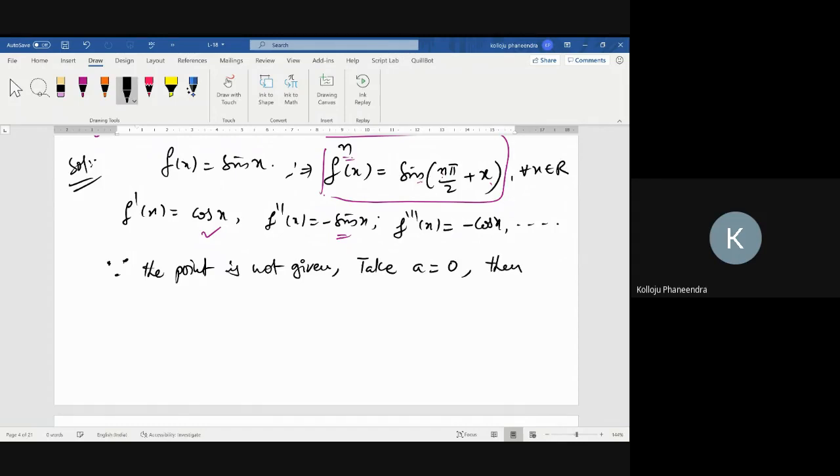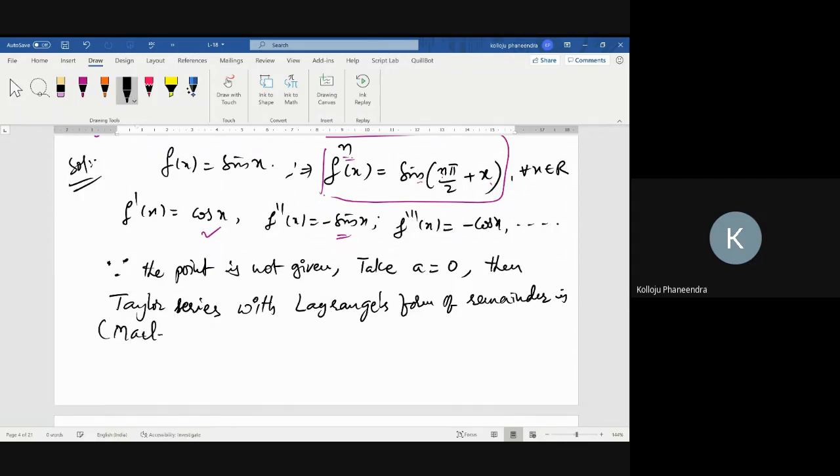Then Taylor's theorem with Lagrange's form of remainder is nothing but Maclaurin series. Maclaurin series with Lagrange's form of remainder is what?